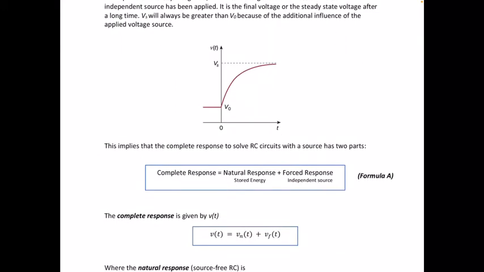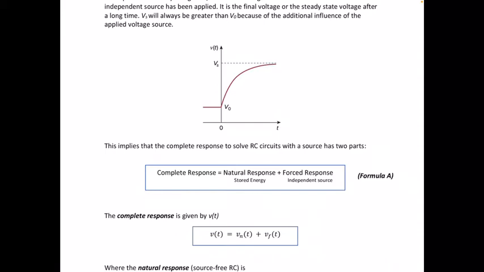So again, this implies that the complete response of an RC circuit with a source has two parts. The first part is the natural response of the circuit without the influence of the independent source. The natural response that we are talking about is the intrinsic behavior of the RC circuit as if it is source-free.